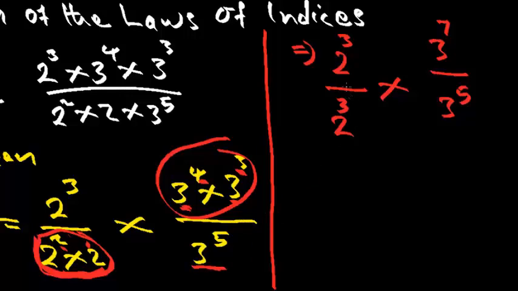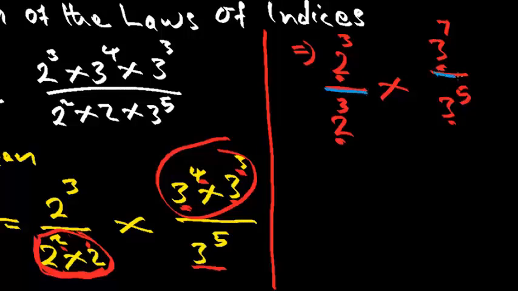So here you can see that we have the same bases 2 and 2. Here we have the same base 3 and 3. We are going to apply the division law to the right side and that of the left side, because you can see this is division here, and division here.